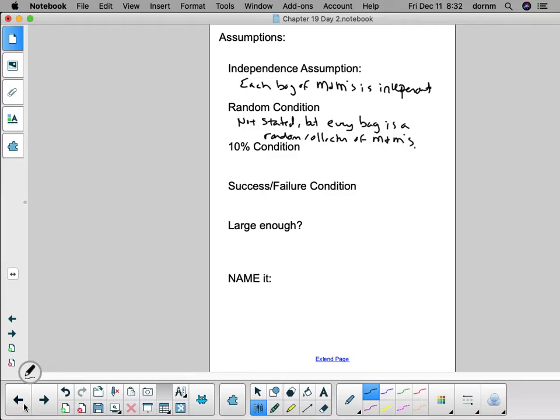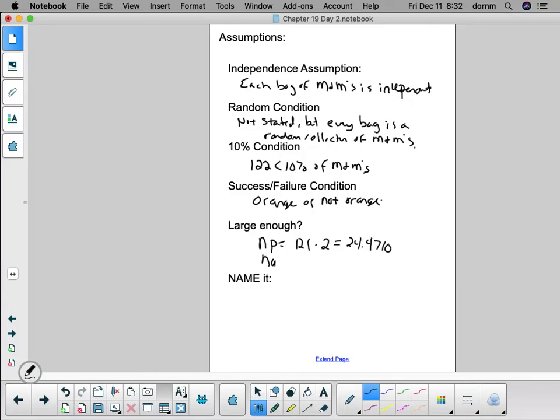How many M&Ms do we have? 122. Okay, success, failure. Yes, orange or not. Large enough, NP is 121 times 0.2, which is 24.4, which is greater than 10.